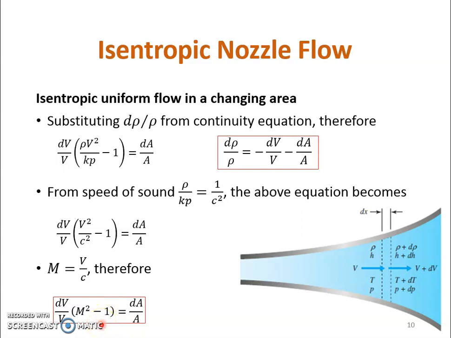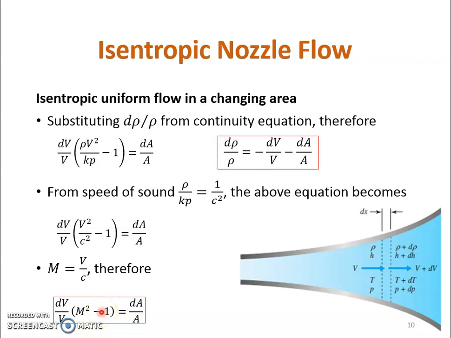So we should have three terms: one related to dv over v, one related to the M square with the Mach number equation, and another related to the change of the area. This is the change of the velocity, the change of the area, and in the middle we have this Mach number relationship.